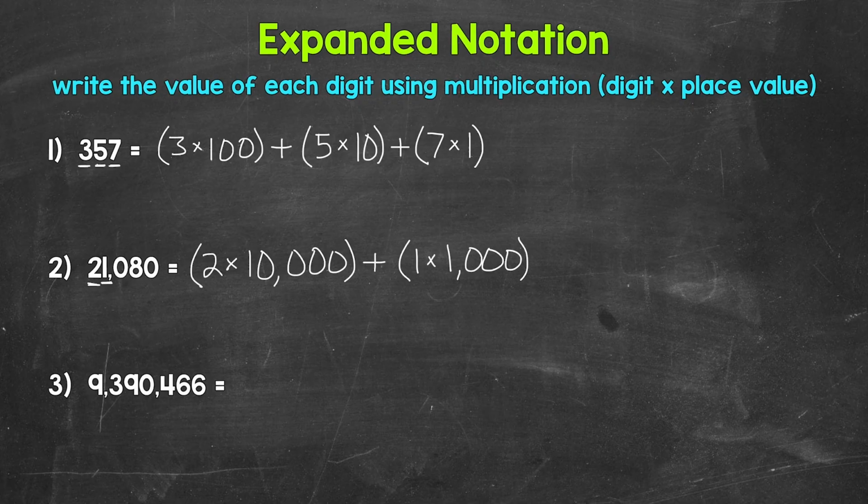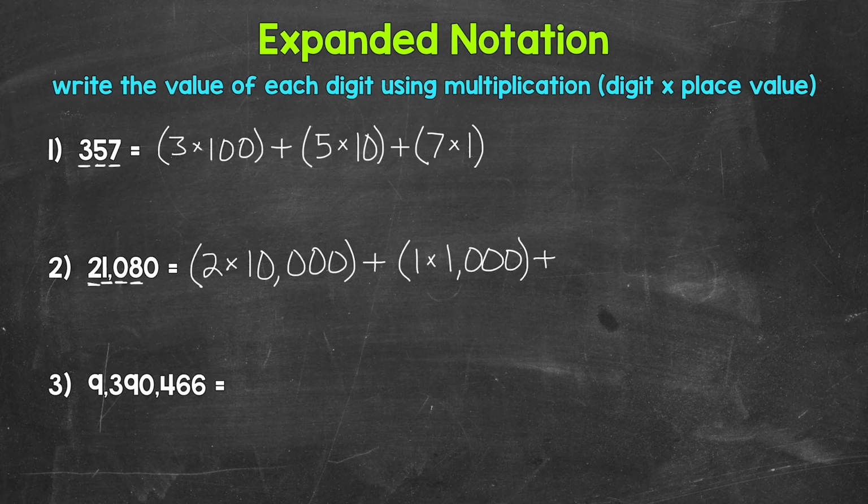This 1 has a value of 1,000, 1 group of 1,000, which is just 1,000. Plus, and then next we have a 0 in the hundreds place. This 0 tells us that the number doesn't have any hundreds. So we don't have a value to show here. We don't have a value to write for the hundreds place. So we can move to the next digit.